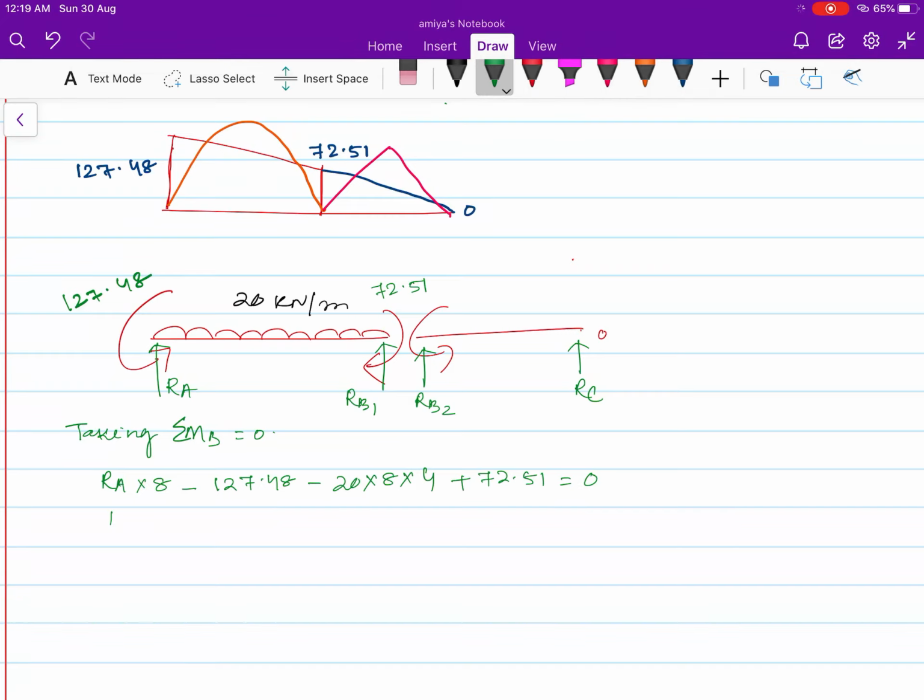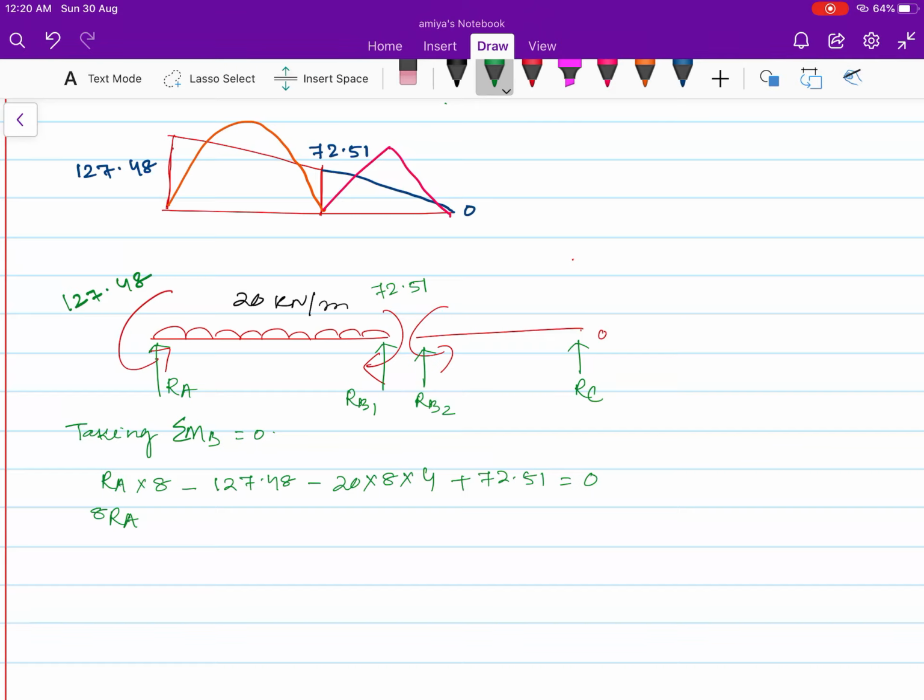So we need to find RA. So 8 RA is 127.48 minus 72.51 plus 20 into 8 into 4, divided by 8.